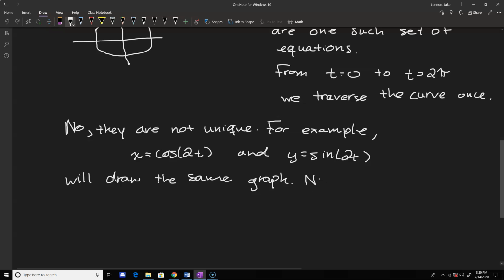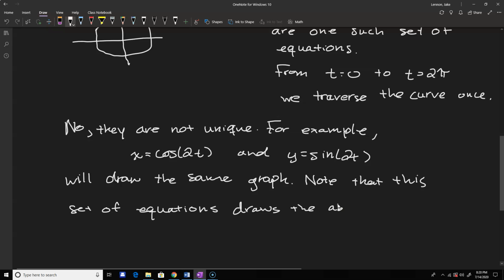So note that this set of equations draws the above curve twice as fast.